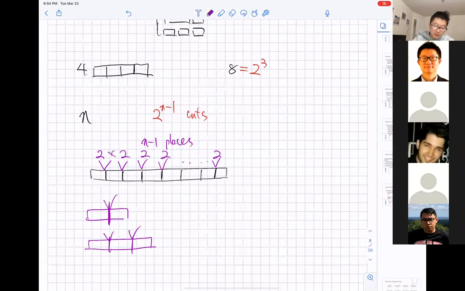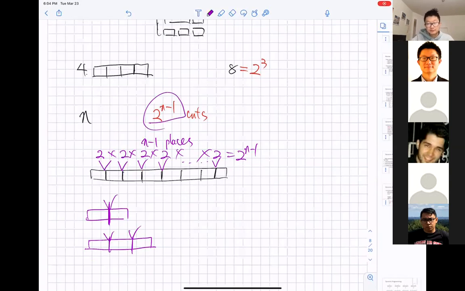To calculate the number of combinations, we just need to multiply them. So here we get 2 to the power of n minus 1. At each place we have 2 choices to make a cut or not, so in total we got 2 to the power of n minus 1 different ways of cutting. That is why we got this number.